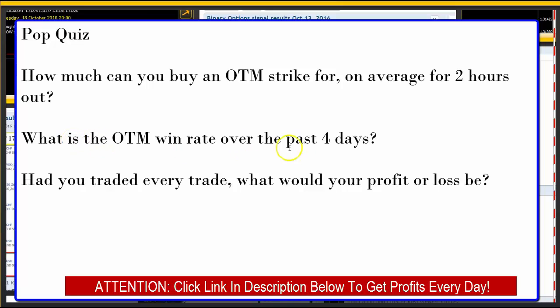What did we say, 34%, something like that? Okay. Had you traded every trade, what would your profit or loss be? If you got every trade for, we'll go high, we'll say 20 bucks, 29 trades times 20 bucks. Okay, 19 losses and 10 wins.